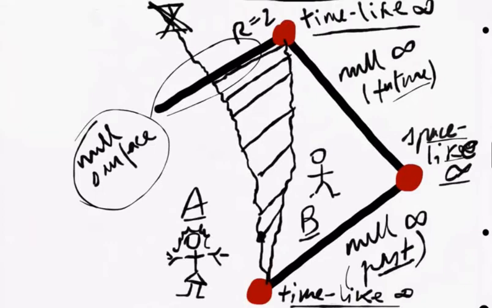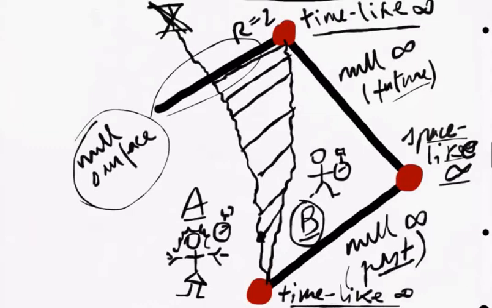Now only traveler B is going to need an infinite proper time. Proper time is the time that you're measuring in your own frame; each one of them has a clock, and this is the proper time of each of them.